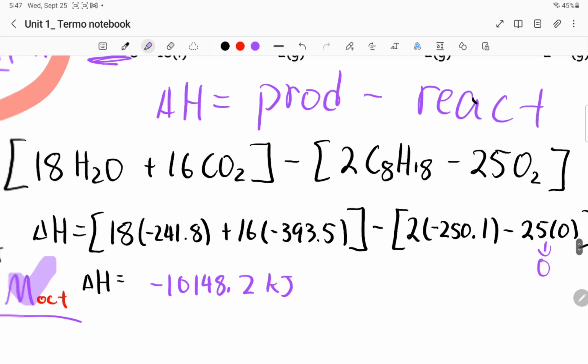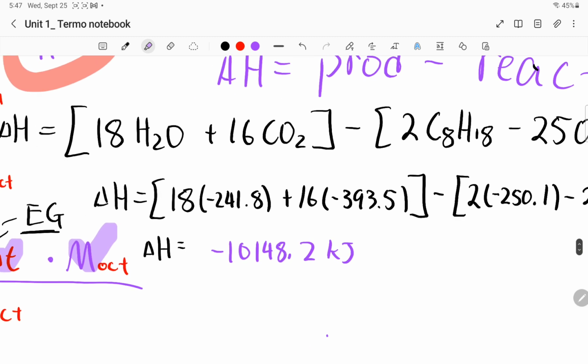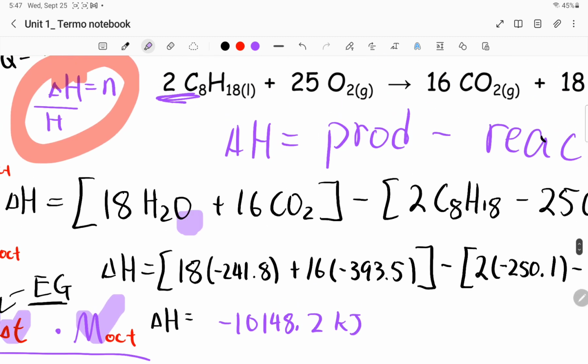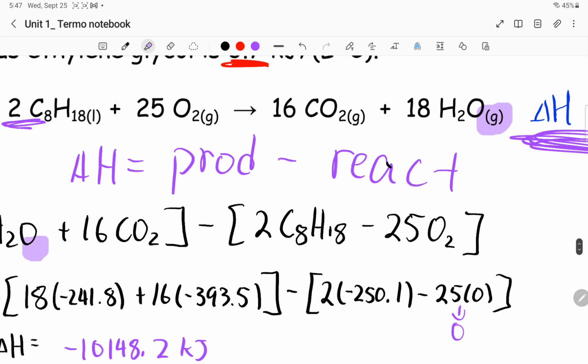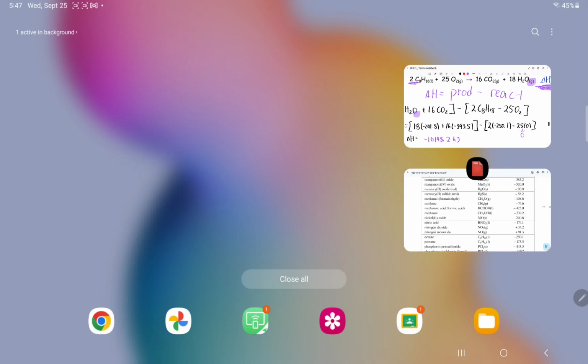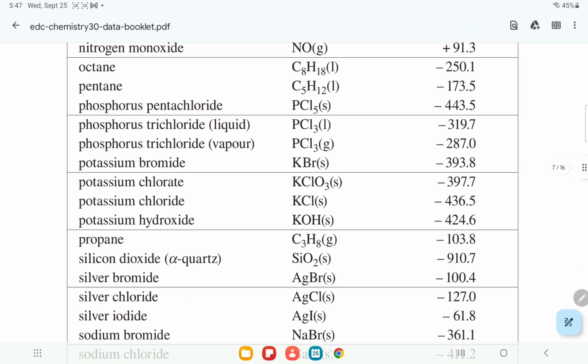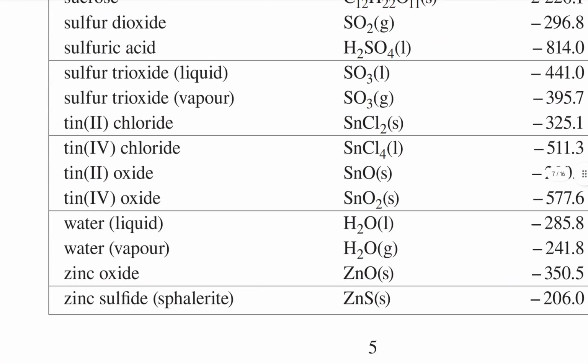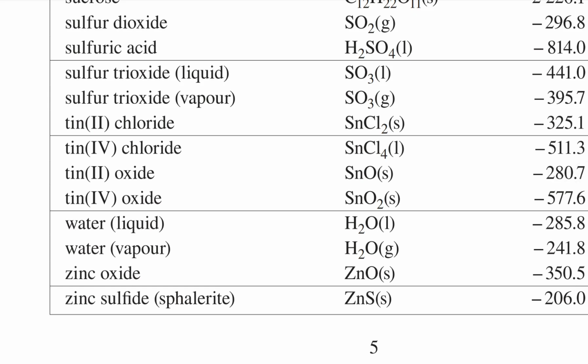Now, your H2O, we really got to watch out, because H2O can exist as a liquid or a gas. In this question, it states gas. If we go to our data booklet and find water, you'll see there's water liquid and also water vapor.